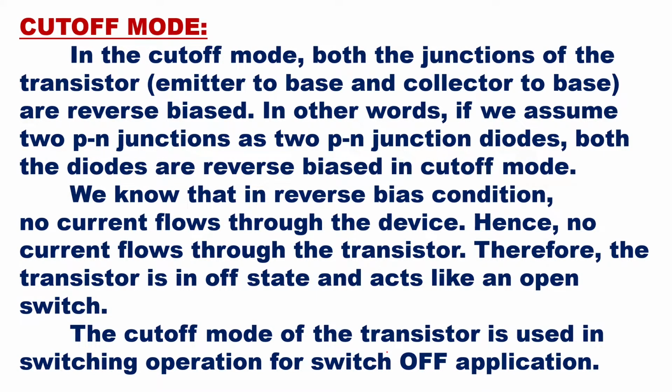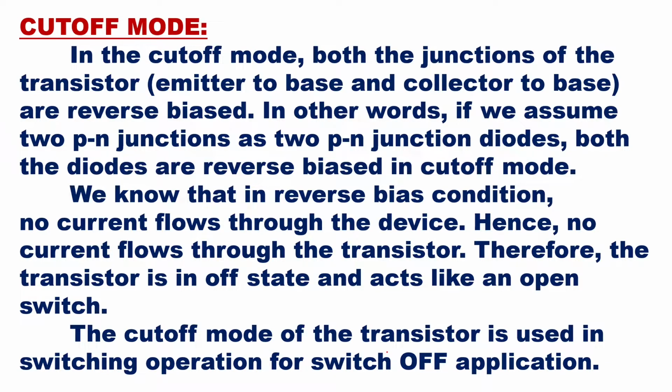In cutoff mode, both the junctions of the transistor, that is emitter to base and collector to base, are reverse biased. In other words, if we assume two PN junctions as two PN junction diodes, both the diodes are reverse biased in the cutoff mode. We know that in reverse bias condition, no current flows through the device. Hence, no current flows through the transistor. Therefore, a transistor is in off state and acts like an open switch.